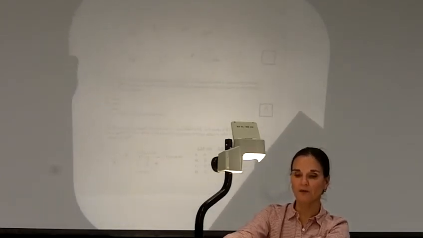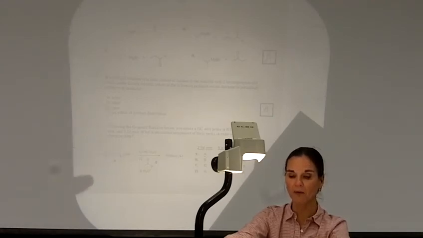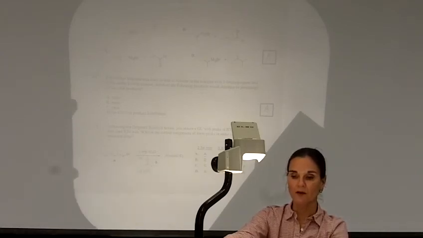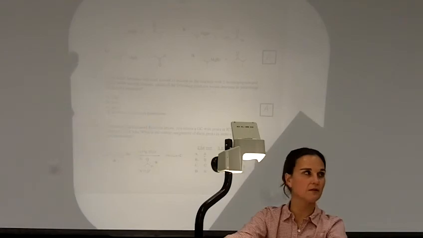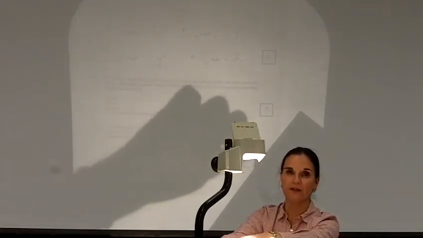Following the Grignard reaction below, you attain a GC with peaks 2.54, 5.87, 9.31. Which is the correct assignment of these peaks in order of increasing retention time? So we've got A, the alkyl bromide, B is our aldehyde, C is our product. Just based on GC information from experiment 8, where did the product fall as far as retention times? Those were pretty high boiling, right? So those were in the 7 to 9 minute range. So product is probably over here.